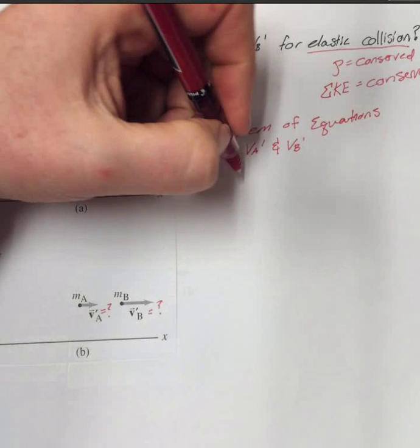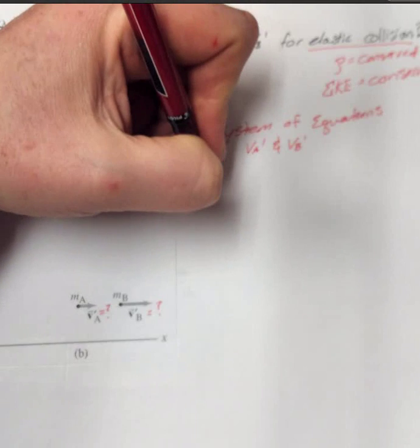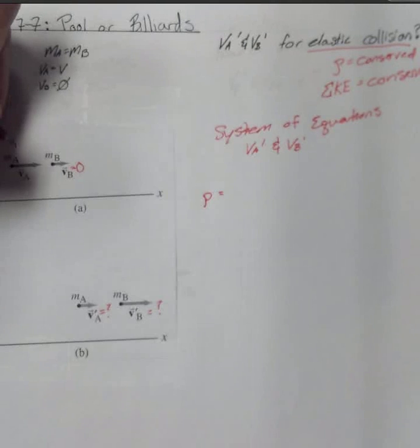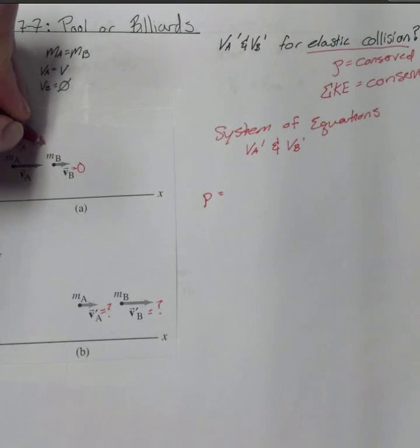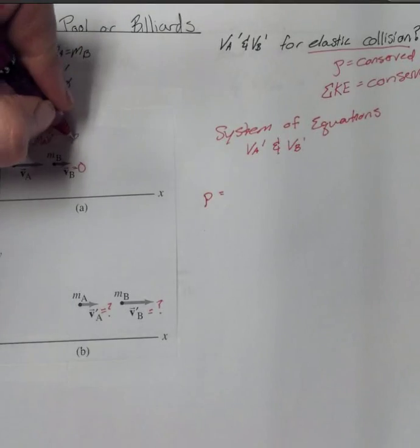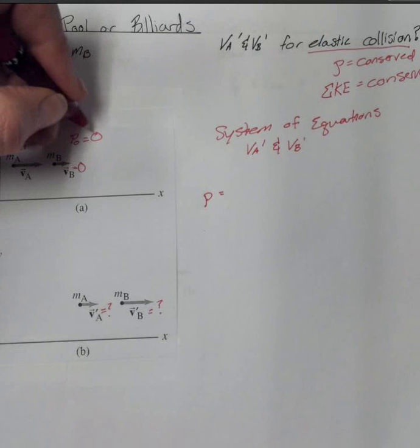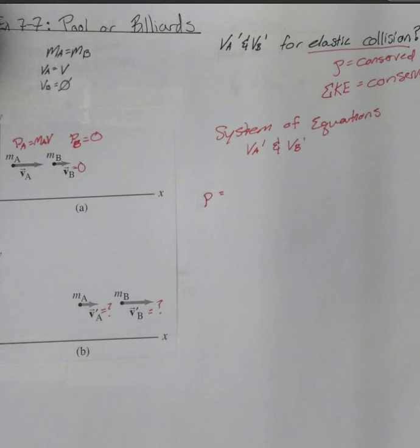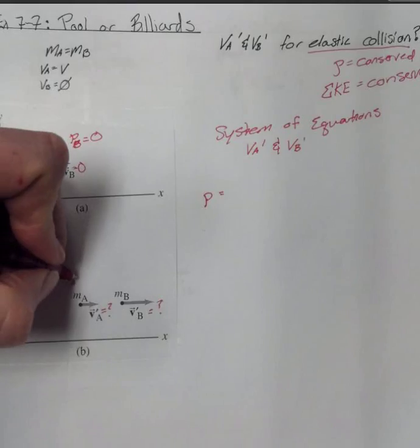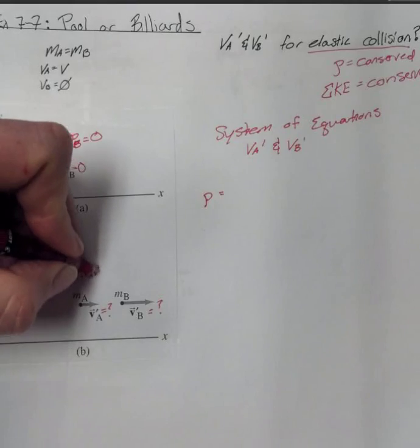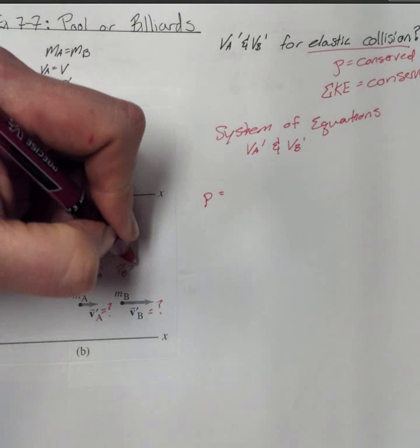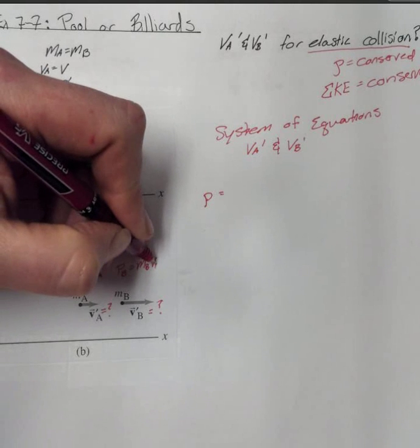So let's go ahead and set up. First, we have our momentum equation. Initially, the momentum of object A is MAV, because I said VA equals V, and the momentum of object B is 0. Finally, the momentum of object A is MAVA prime, and the momentum of object B is MBVB prime.